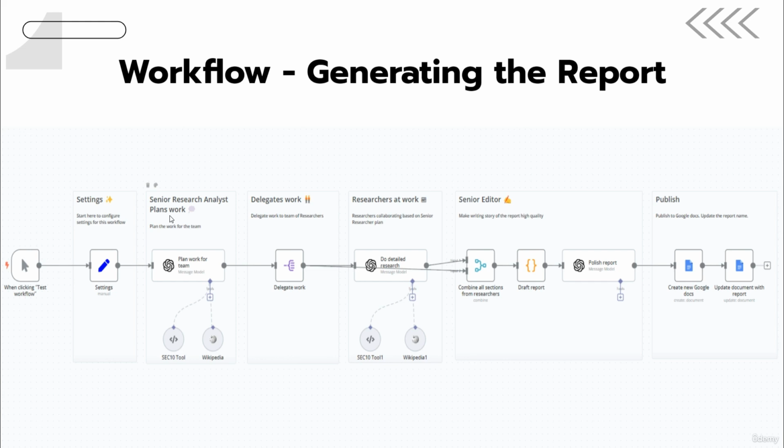This node represents the senior analyst who initiates the process by crafting a detailed research plan that's tailored for the stock under investigation that's set up in the settings here. And then we use a tool here, which we call the SEC 10K tool. This tool is trained on the specific document for the company that we're analyzing.